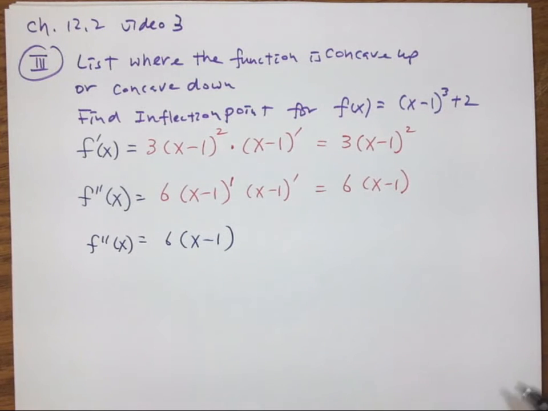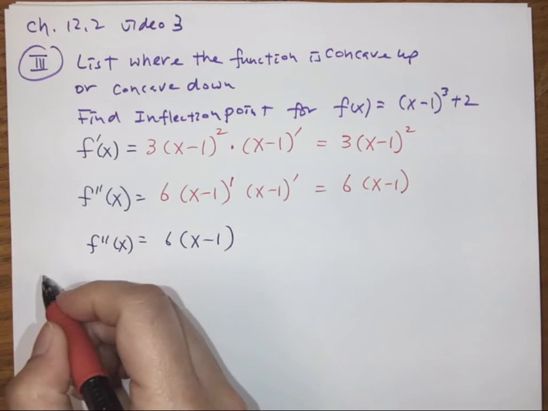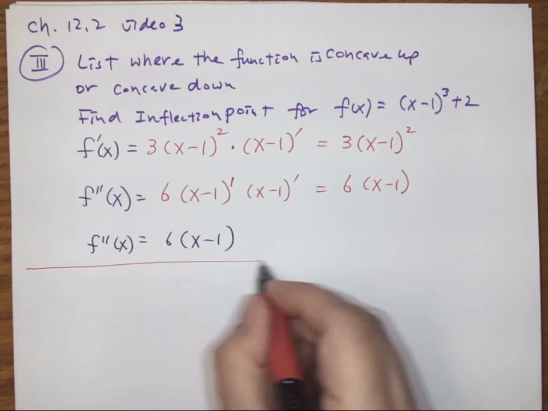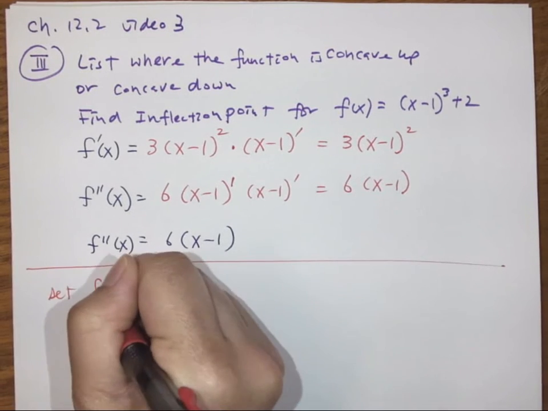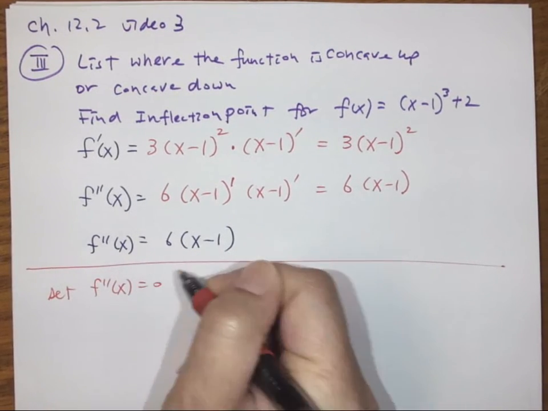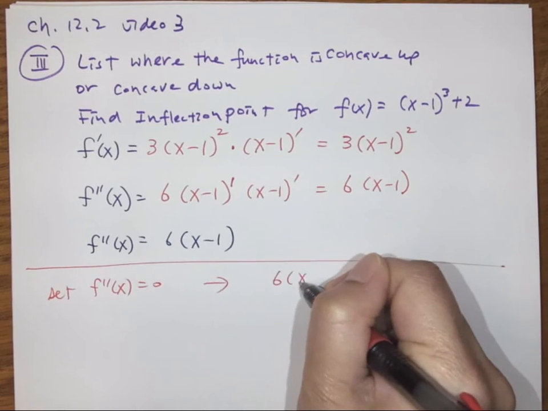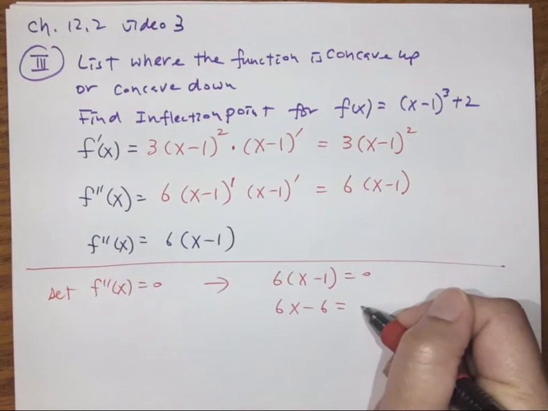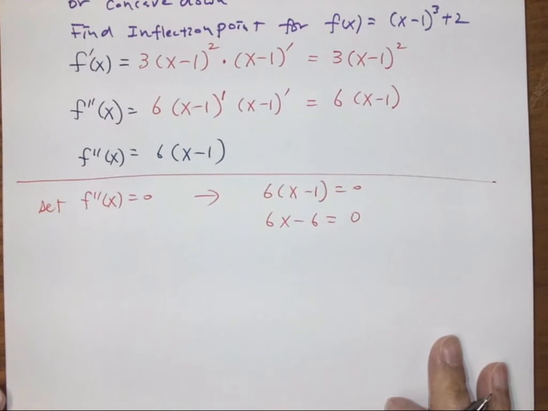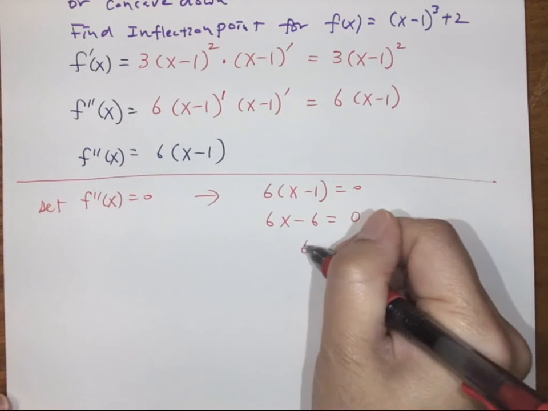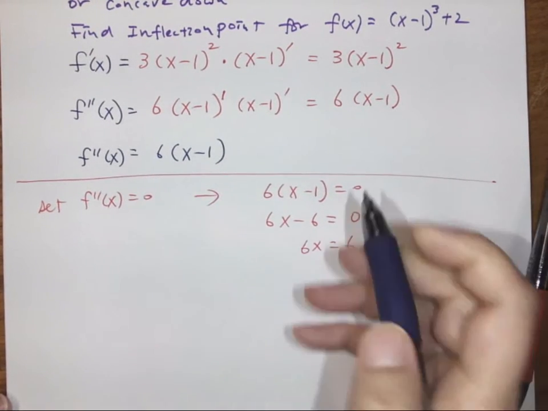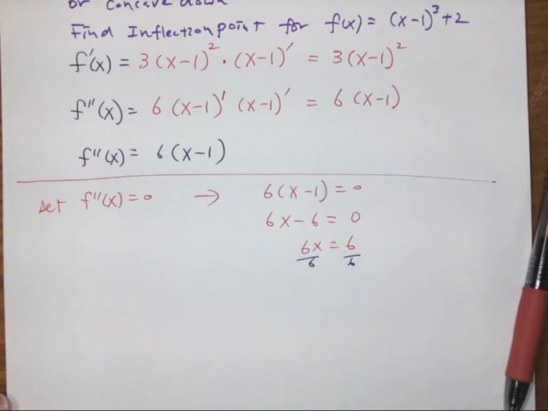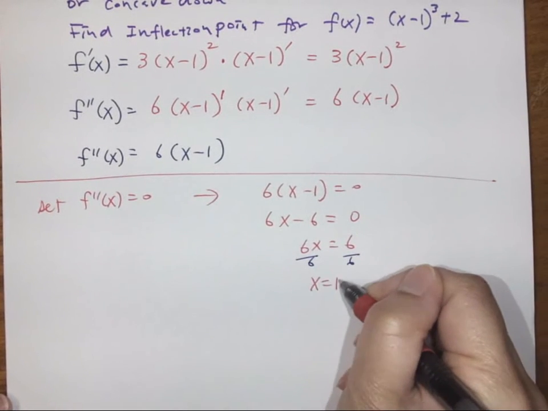Then to find the critical number, we're going to need to set the second derivative equal to 0, right? So I have 6 times x minus 1 equal to 0, or you can say 6x minus 6 equal to 0. This will give me 6x equal to 6, and x will equal 1.